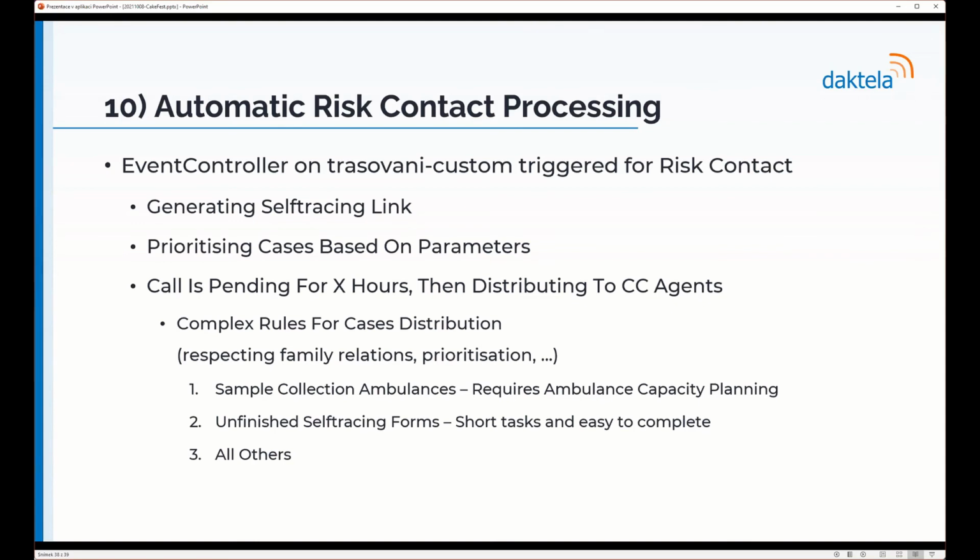And I think that the user experience from this prioritization and these distribution rules is kind of positive, because just imagine that you receive a text message with a deep link to your own self-tracing form. You fill in the form, you make a mistake, and within 2 minutes, an agent calls you and just fills in the remaining data or the error data with you on the phone. And in 2 minutes, you receive a text message about the PCR test voucher being created for you.